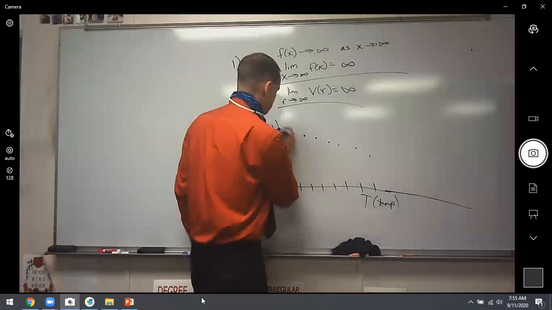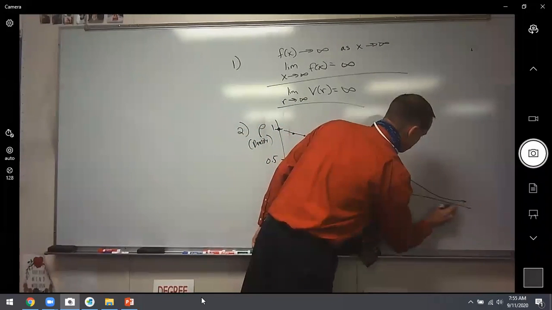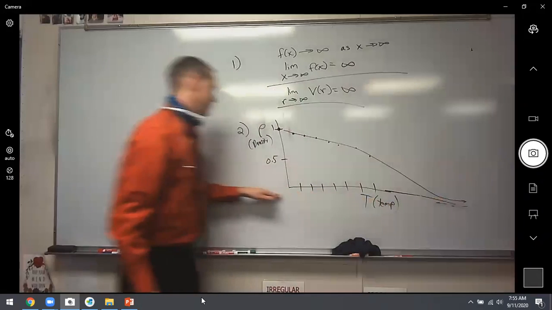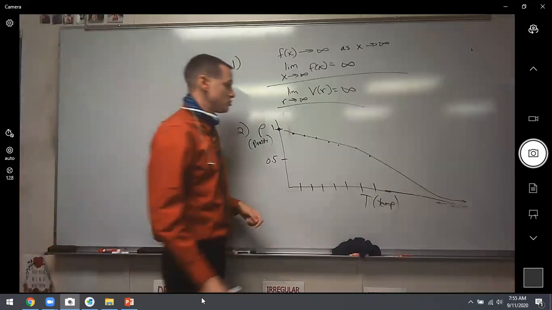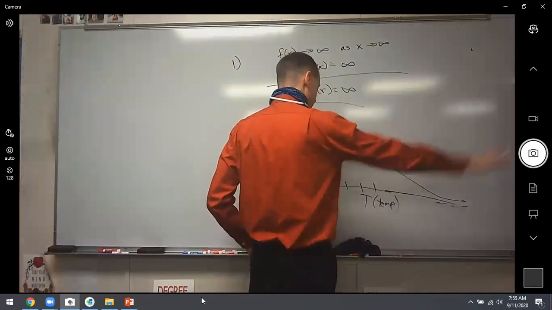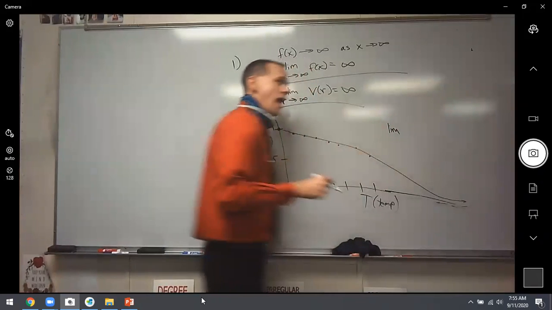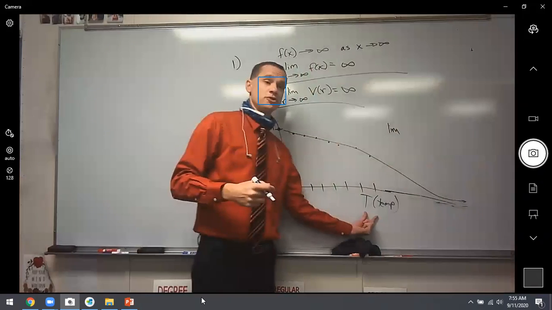So what I'm going to do is level it off right here. The value is approaching a density of 0, right? So that's what I want. The end behavior limit: I'm not going to say x. I could, but this is temperature, correct?